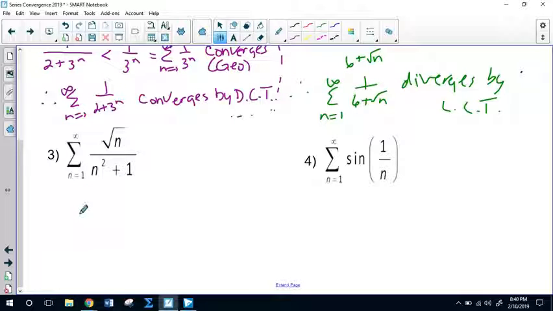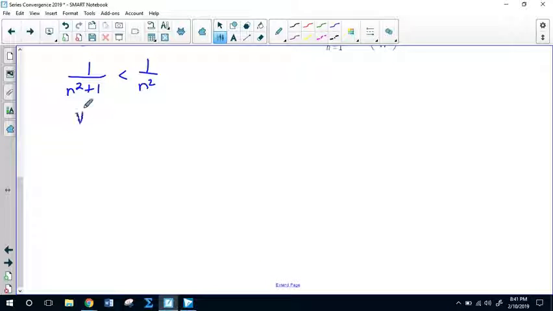So I'm first going to start off with just 1 over n squared plus 1 being less than 1 over n squared. Then I am going to multiply the whole thing by the square root of n.